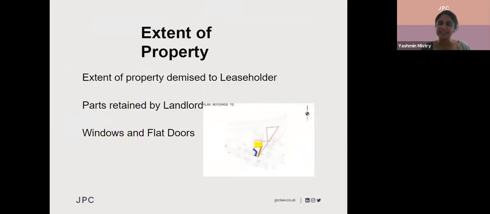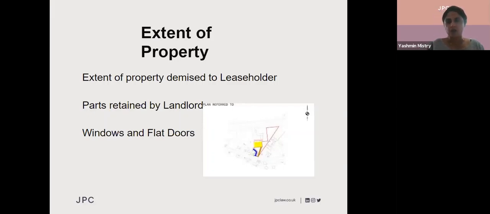In theory, the lease should set out who's responsible for what part: whether the windows are retained by the landlord, whether the doors are retained by the leaseholder, and what parts of the balcony are retained by the landlord and which are the leaseholder's responsibility.